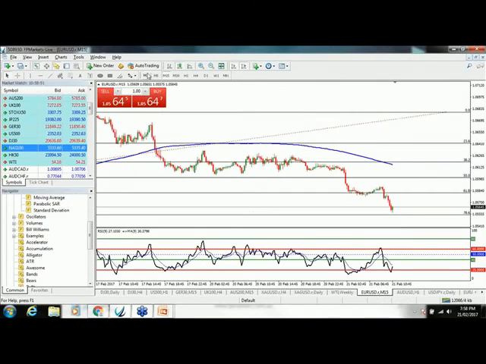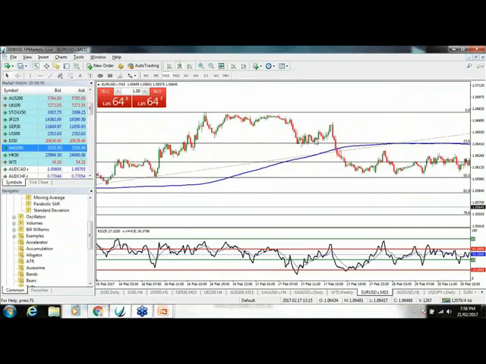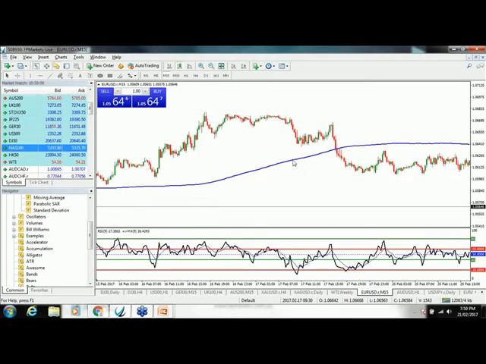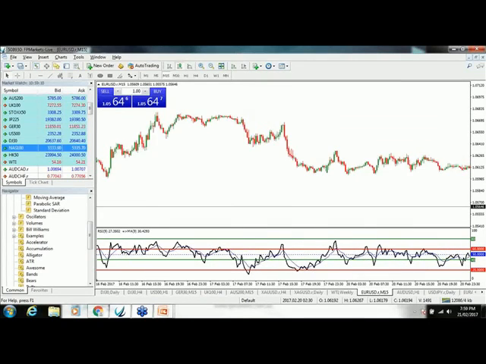Let me see if we can find another one. So again, on a 15-minute chart, let me just take that off. Okay, so this move here, let me just remove that. I'll take the moving average off there as well.